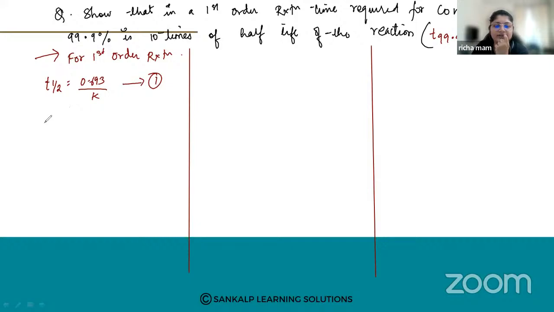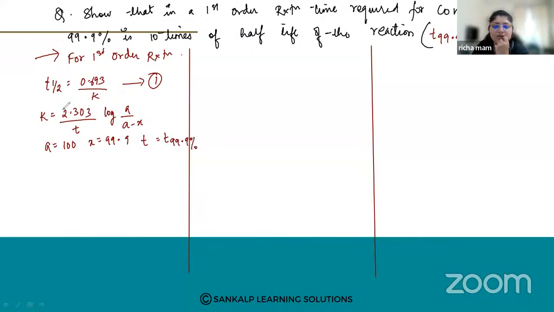Now we know that the first order rate constant is equal to 2.303 by T log of A by A minus X. So what are the conditions here? A is equal to 100, X will be 99.9%, and time is T of 99.9%.